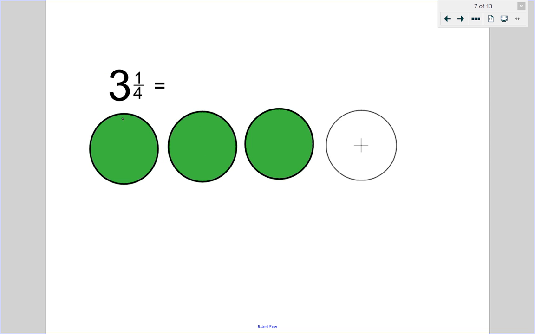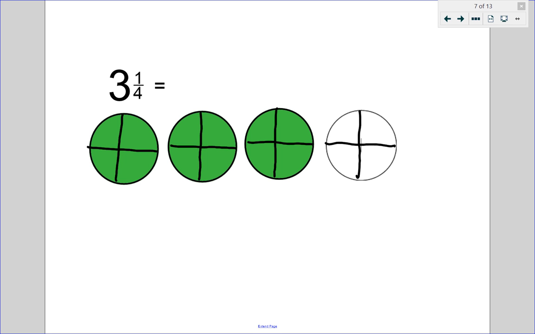The denominator is 4, so we're going to cut everything into 4 pieces. Why do I have 4 when it says a whole number of 3? Well, because I have 3 whole ones, and I have part of another one. I don't have a full other one, but I have part of it.